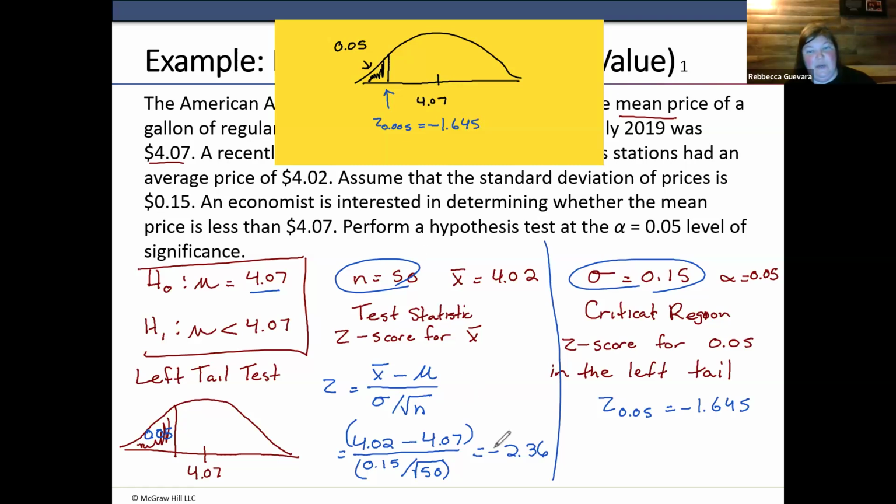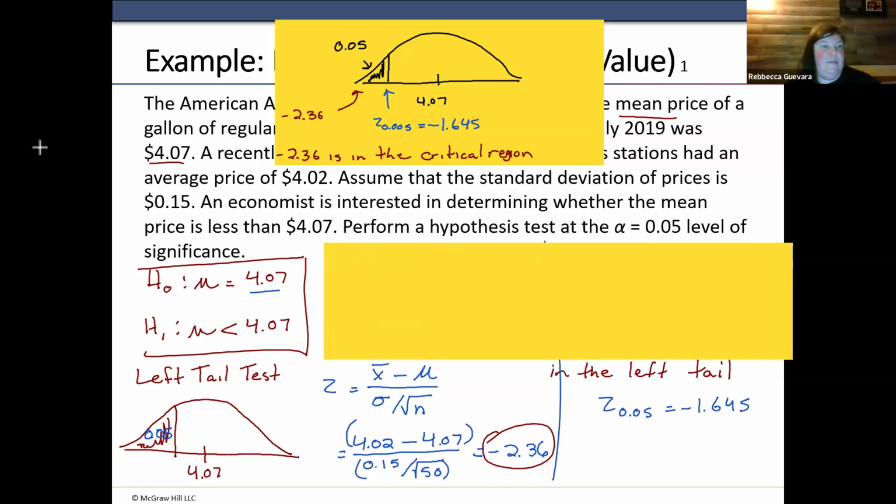So the one that we have right here, we have to decide where that goes. Is it in my critical region? Well, negative 2.36 is inside the critical region. So remember, if we're in the critical region, what that means, I'll type this up here.